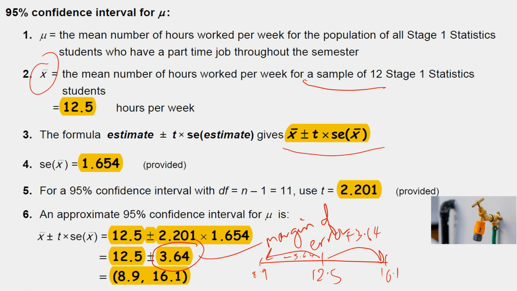So the margin of error is 3.64. It's like the bit you're adding on and subtracting off. Another way to think about margin of error is if you take the entire width of the confidence interval and you halve it, that will be the margin of error as well. So half the whole width of the confidence interval is the margin of error.